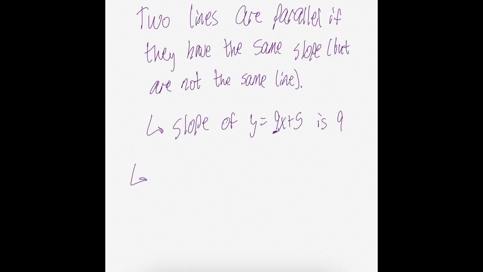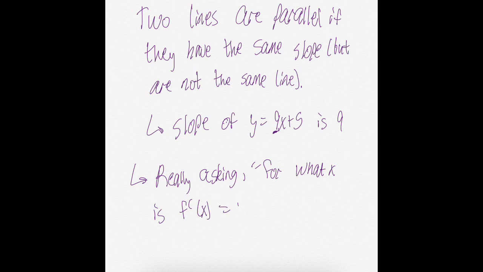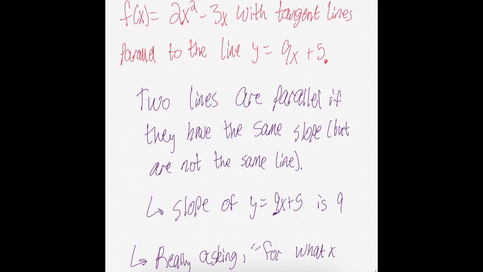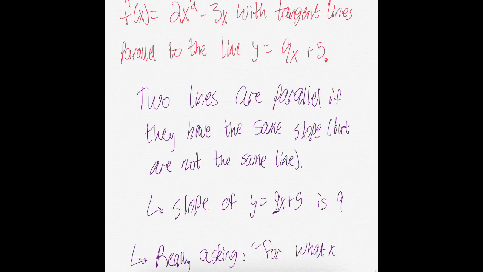So this question is really asking, for what x is f prime of x equal to 9? That's really what this problem is asking whenever you get down to it.